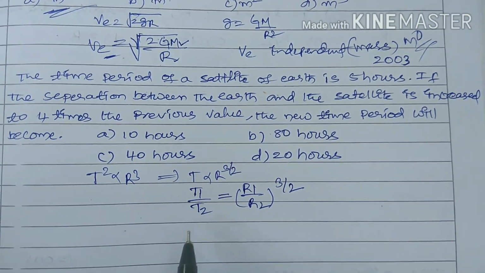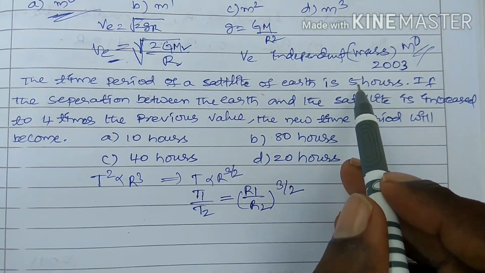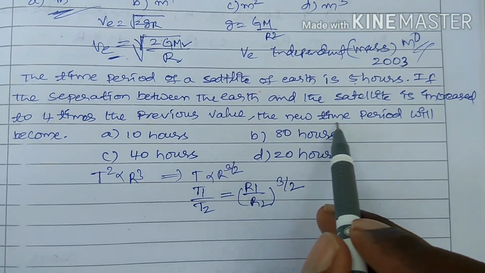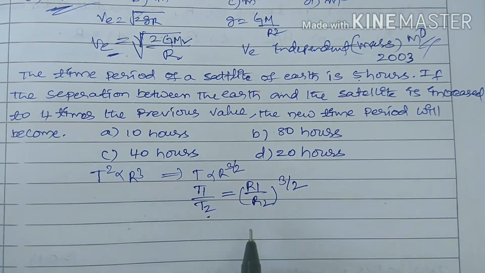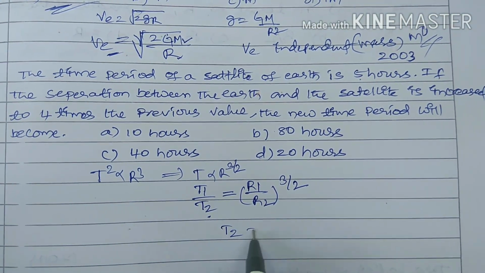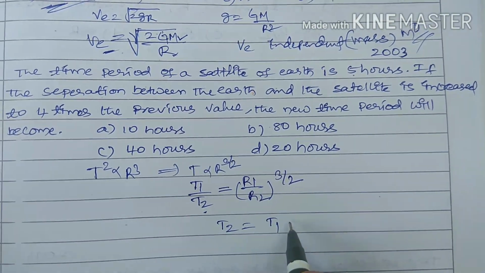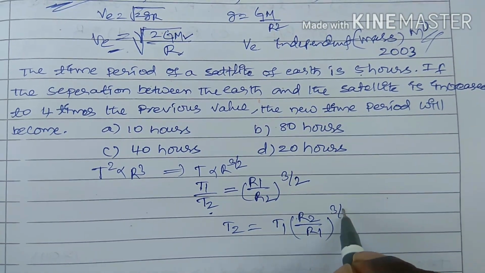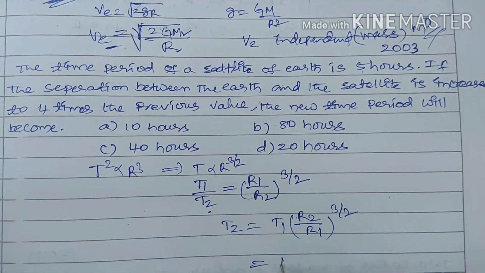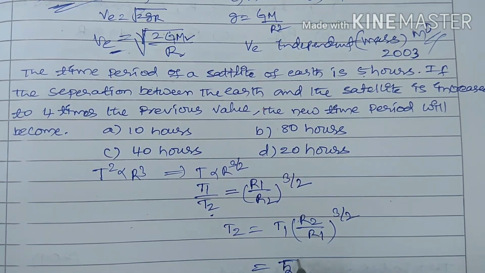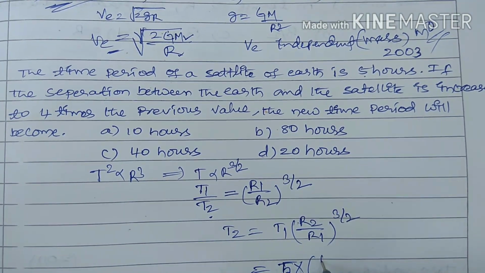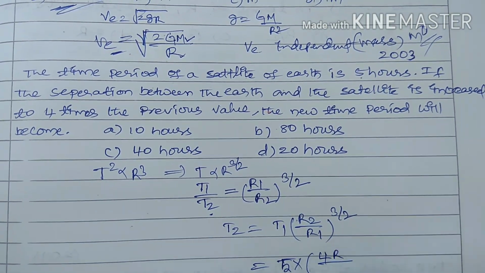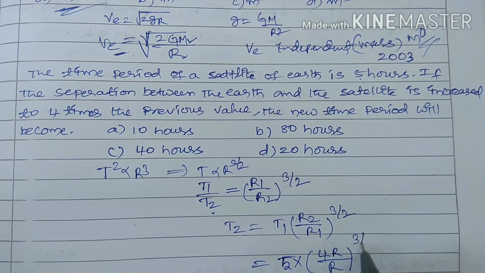We already know T1 is equal to 5 hours. The new time period is T2, so T2 is equal to T1 into (R2 by R1) whole power 3 by 2. That is 5 into (R2 equal to 4 times R, and R1 equal to R) whole power 3 by 2.